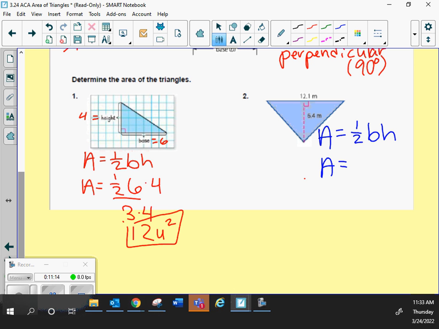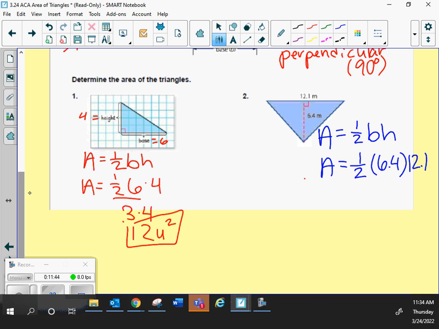So A is equal to 1/2 times 6.4, and then the height is 12.1, right? Times 12.1. Technically, it doesn't matter the order I do that in. It doesn't really matter which order I do it in, so I can do whatever I want to.